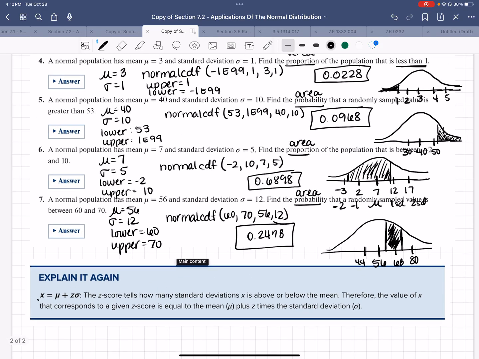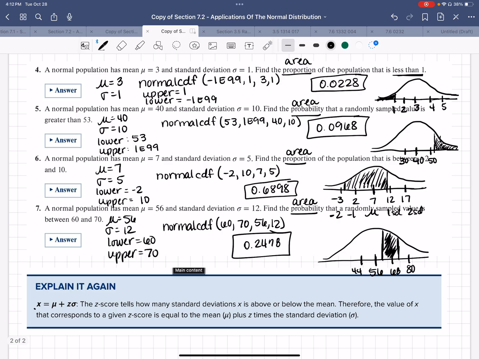Okay, not too bad. So that was all 4 and 7 were, you're using a normal CDF function, but we no longer have a mean of 0 and a standard deviation of 1. It changes depending on the problem. Okay, but you're still doing the same thing. You're finding the area, you're finding the probability, you're finding the proportion.